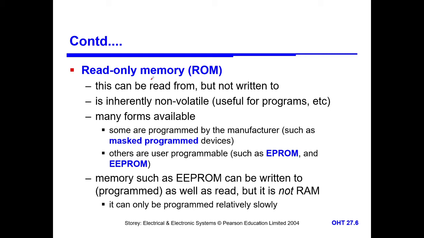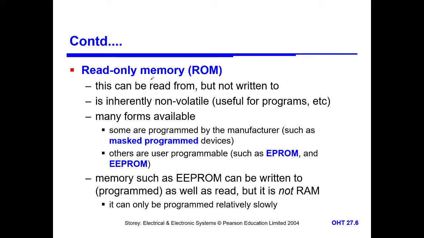The next one is masked ROM, masked programmed ROM. Some are programmed by the manufacturer, called masked programmed devices. That means we cannot change that program; it was installed by the manufacturer.